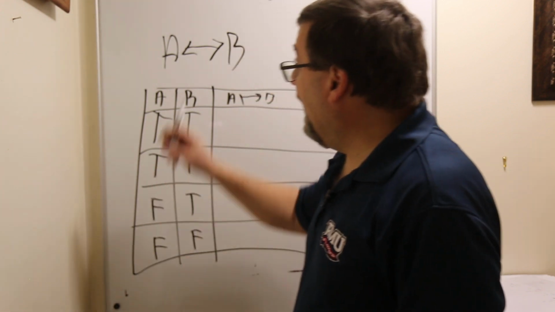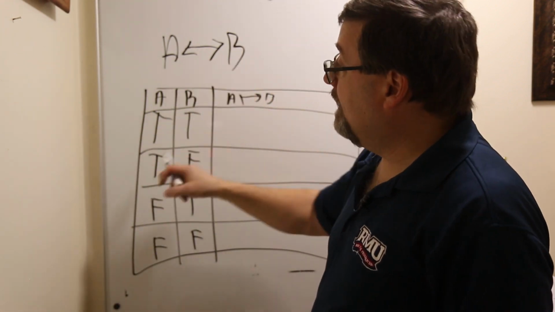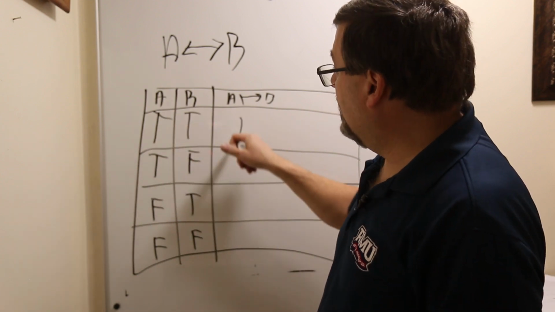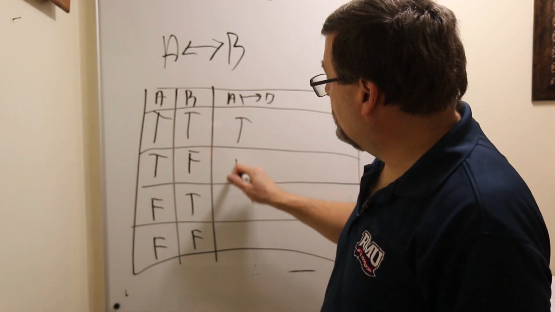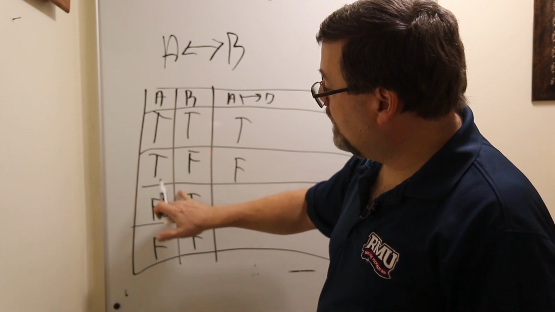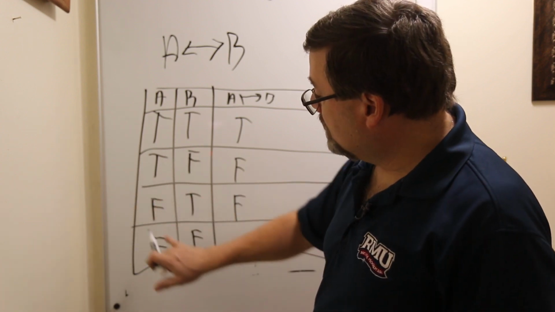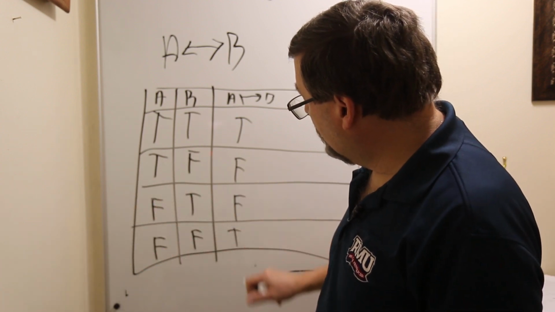Is A equivalent to B? Is true equal to true? Yes, that's true. Is true equal to false? No, that's false. Is false equal to true? No, that's false. Is false equal to false? Yes, that's true.